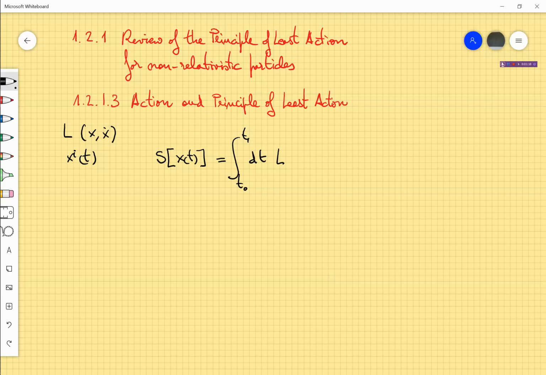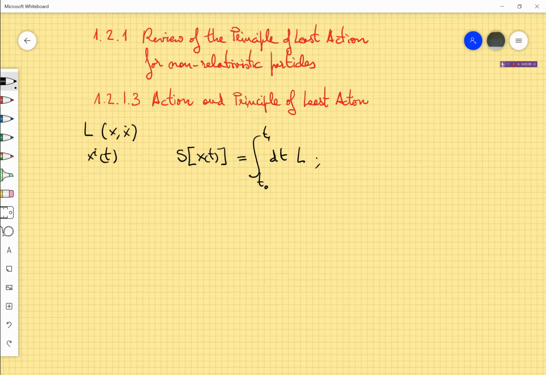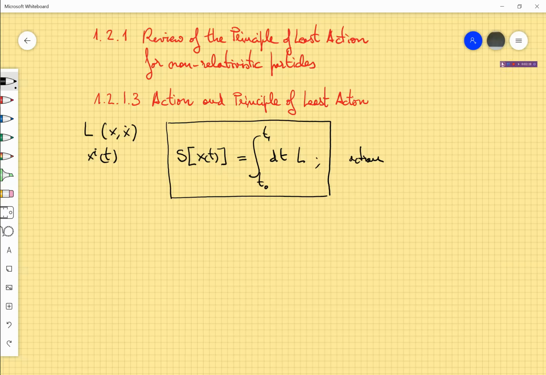So I take the trajectory, I compute the derivatives of the xi's, I plug everything into the Lagrangian, and I take the integral with respect to time between t0 and t1, because when I evaluate the Lagrangian, everything depends only on t. This functional is called the action of the mechanical system. In this case, if it is a particle, it's the action of a particle.